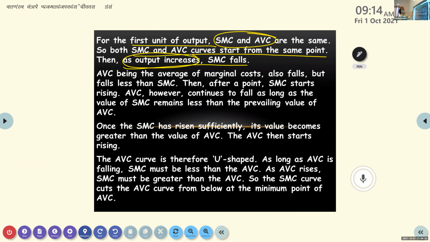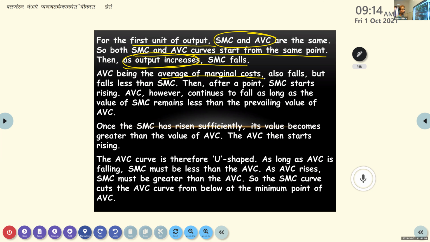Now, AVC is what? That is the average of marginal cost. When we take the average, the average of total cost you will be finding. In the beginning stage it falls, but the fall will be less than SMC.